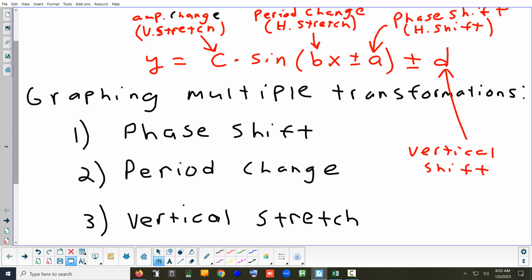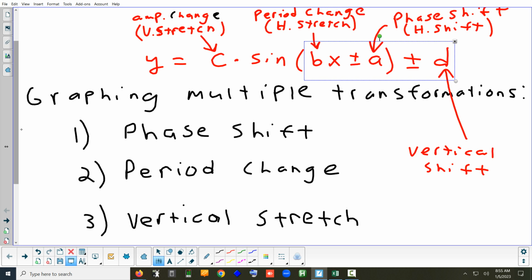Okay, when we're shifting left and right, if A is positive, which way would it move you? It would move you left. And if it's negative, it would move you right. How about with a vertical shift? If D is positive, it would move up, and negative, down.